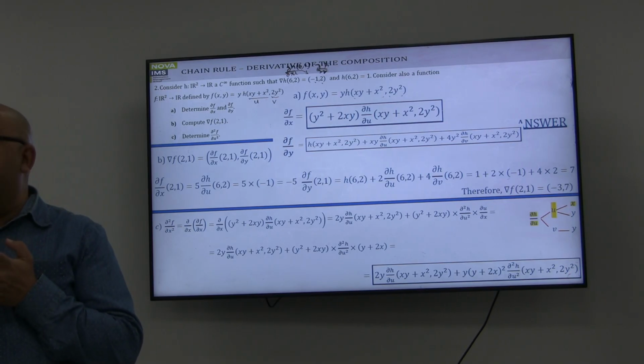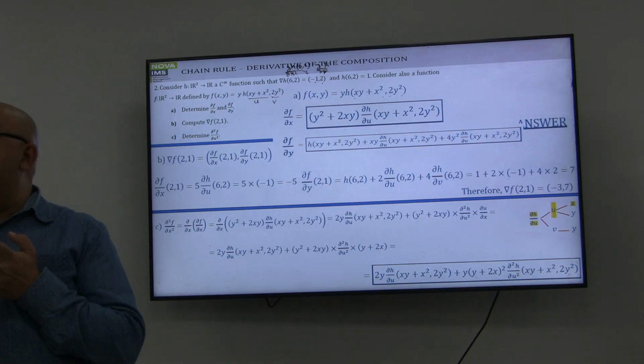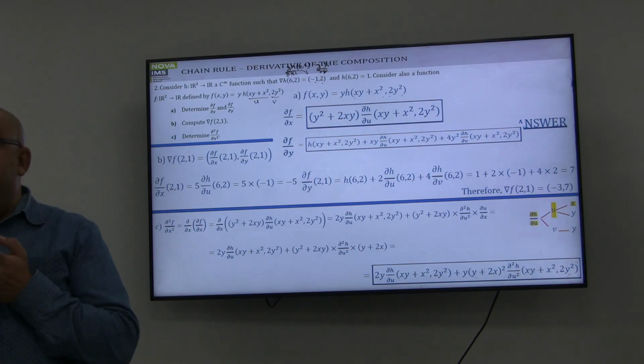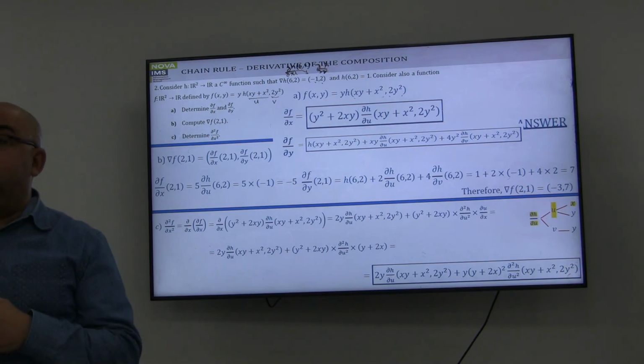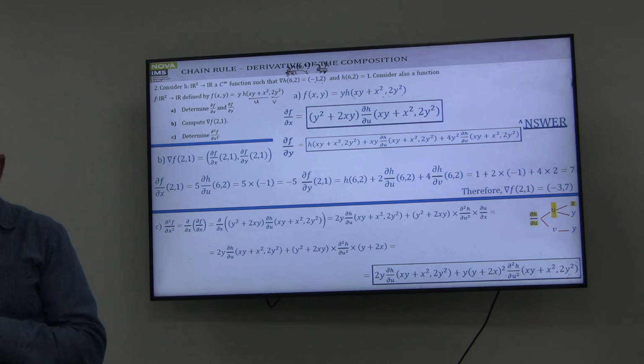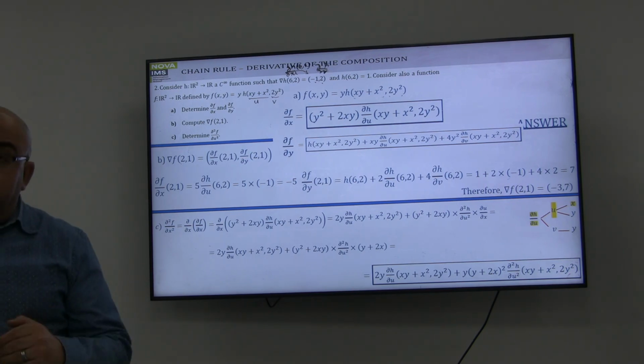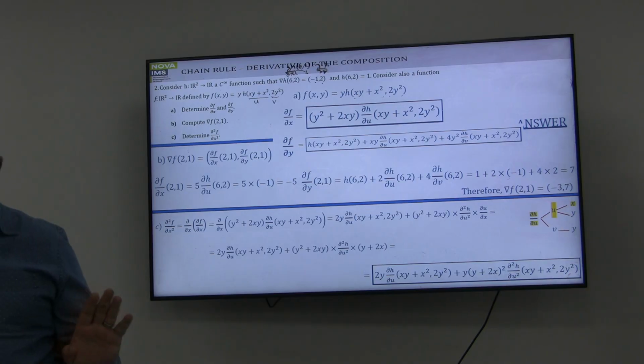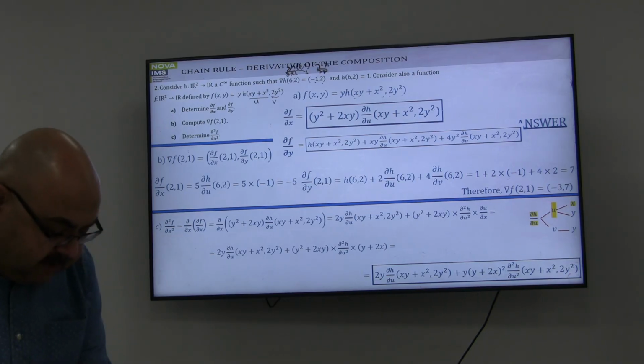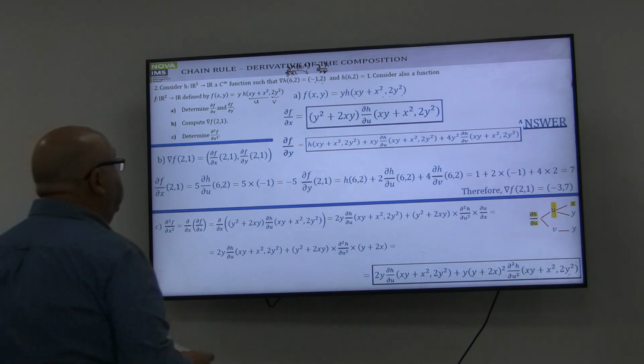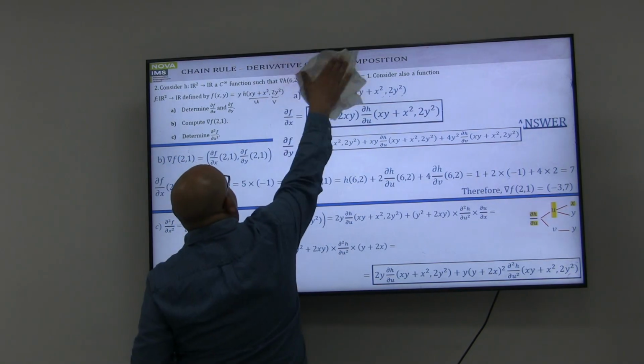Second, you know the gradient vector very well: what it stands for and how to get the values of each one of them. You are very good in substitution, so you already understand the difference between x, y, u, and v, and how to connect them together. Higher order derivative, it's perfect. Okay? Also, the coming problems are the same.